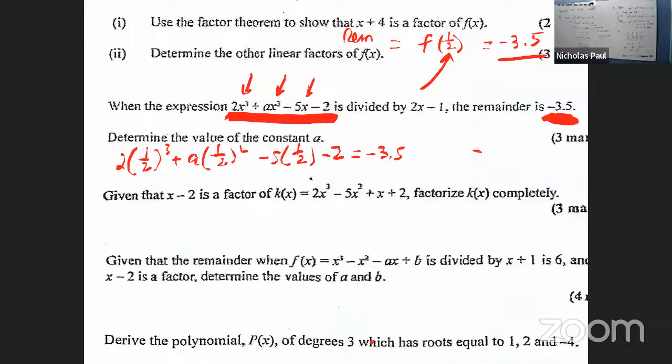So you need the theorem in reverse. The question gives you the answer, so you have to work backwards. Plug in the answer, plug in the half, and try to find it.